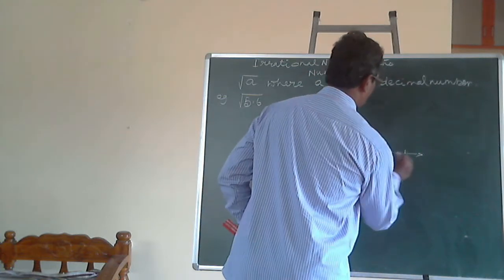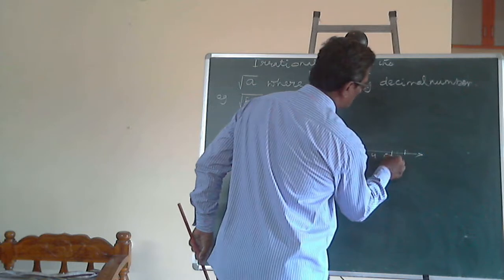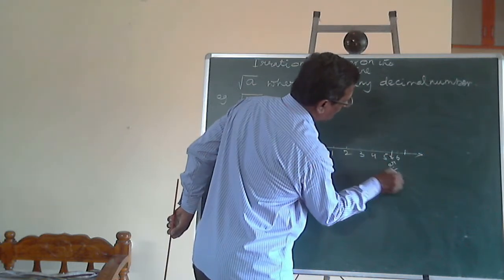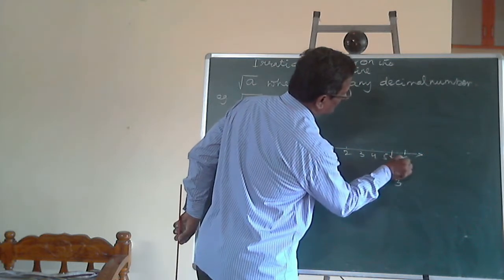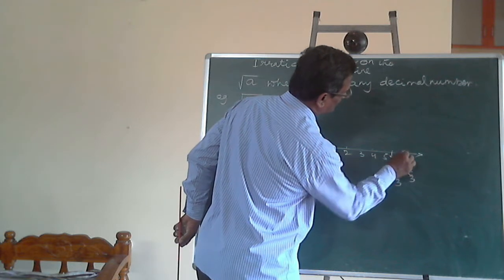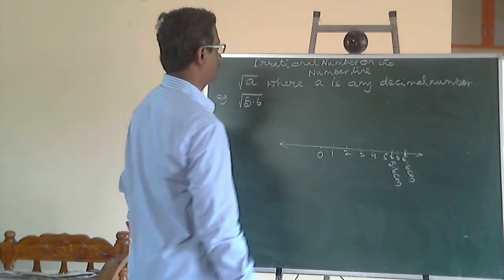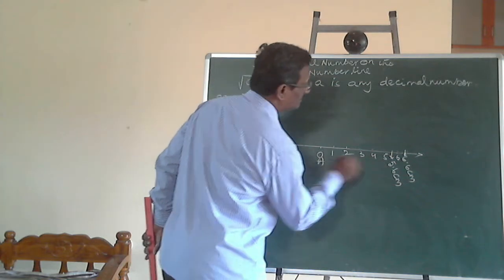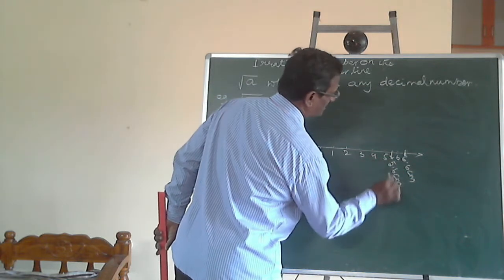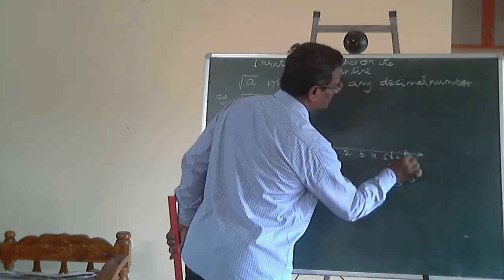This is 5.6 centimeters. This is 6.6 centimeters. Now, say this is A, this is 5.6, B 6.6, C.